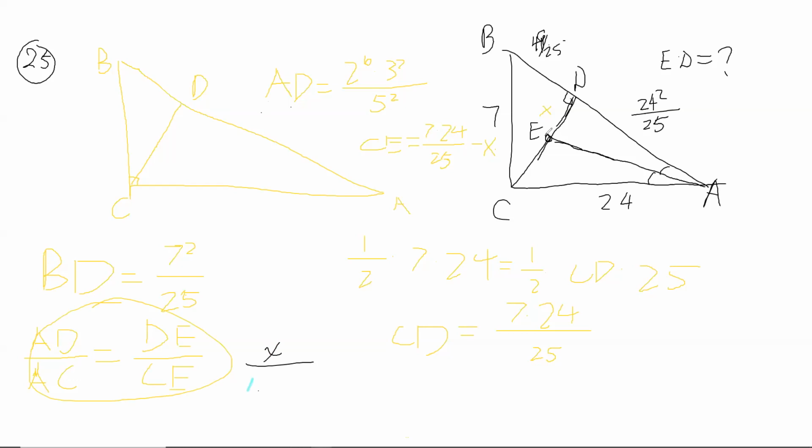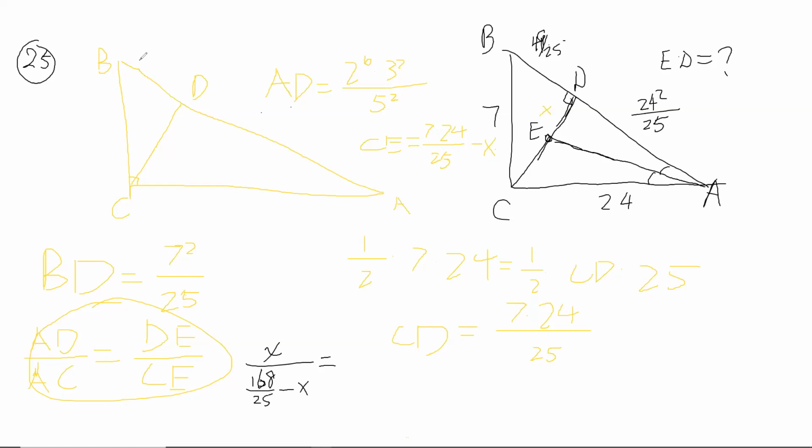So I got x over 7 times 3 times 2 to the third power over 25 minus x, and that is equivalent to 2 to the 6th power times 3 squared over 5 squared all over 24.